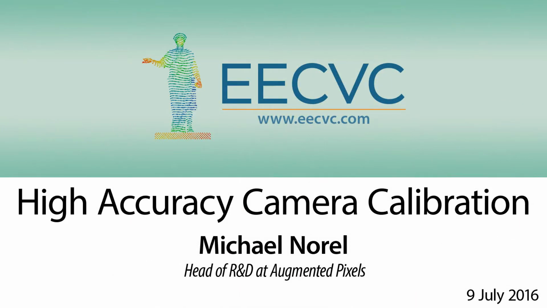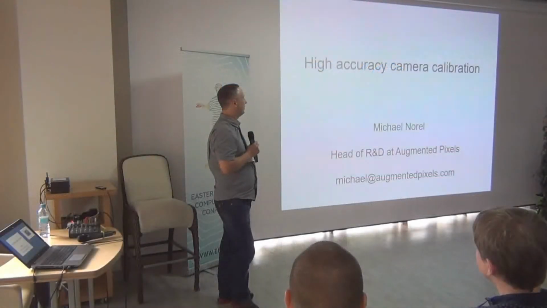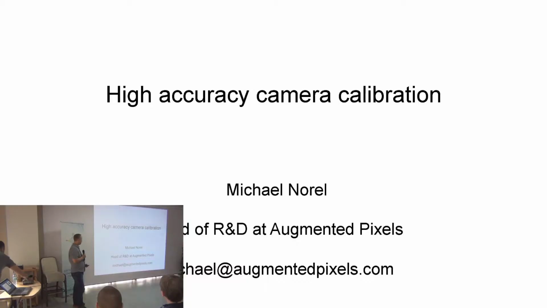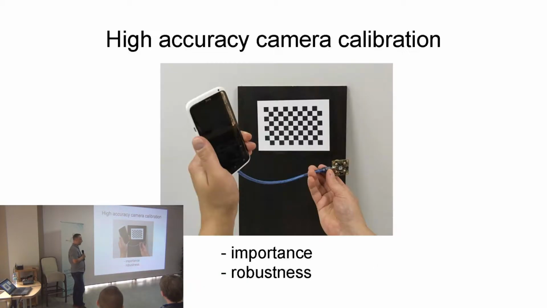Okay, I want to talk about high accuracy camera calibration and why this is important. Every year it is more important to have precise structure from motion and precise depth recovery from stereo cameras, especially for short-range stereo cameras, for example, for future mobile phones and so on.